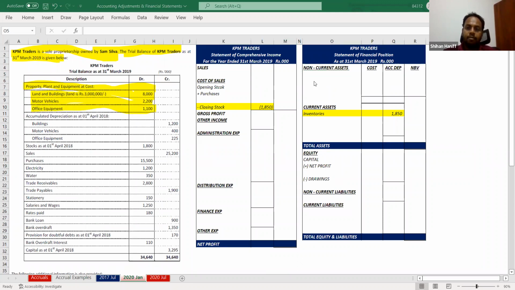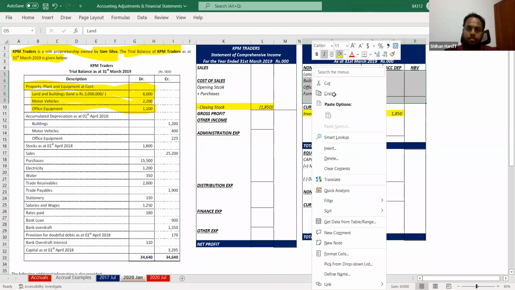We can write the cost: land, building, equipment and furniture. Then the cost: $4,000, $6,000, $6,500, $5,000. Total 21,500. So I'm doing the non-current assets part.